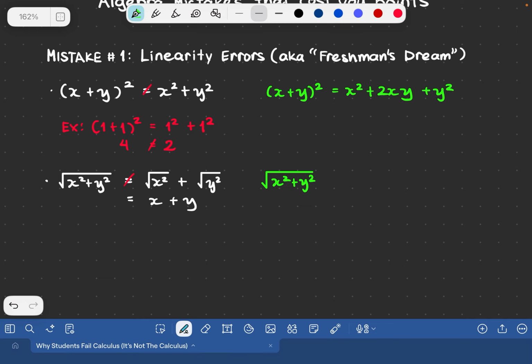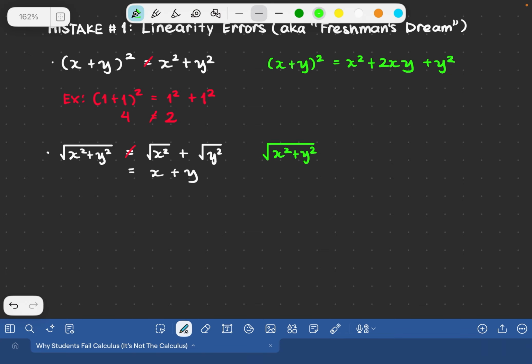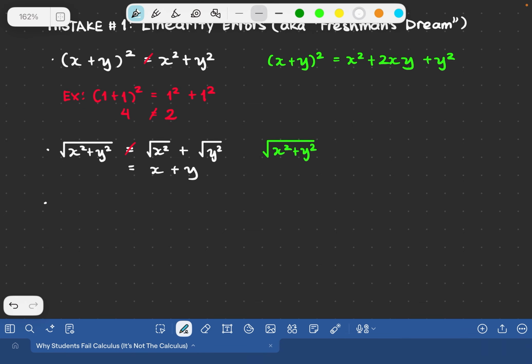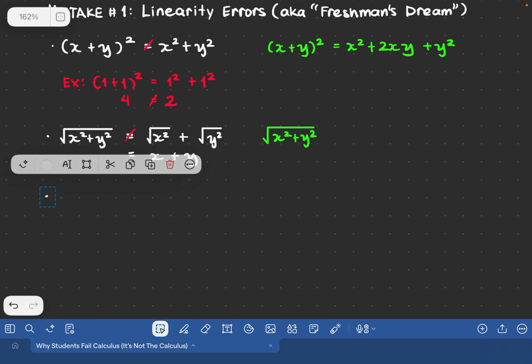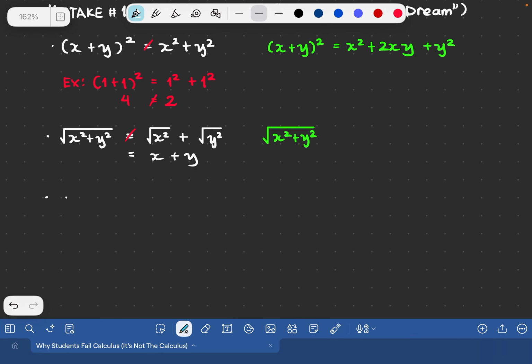Okay. Another example. Say we have 1 over x plus y. A common error here is to split based on the denominator. So we will obtain here 1 over x plus 1 over y.